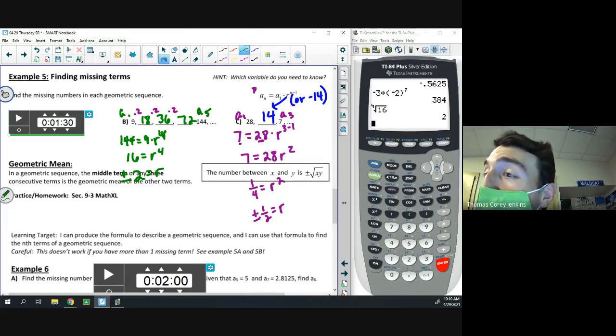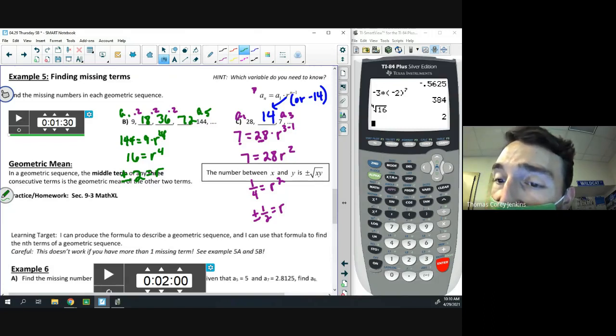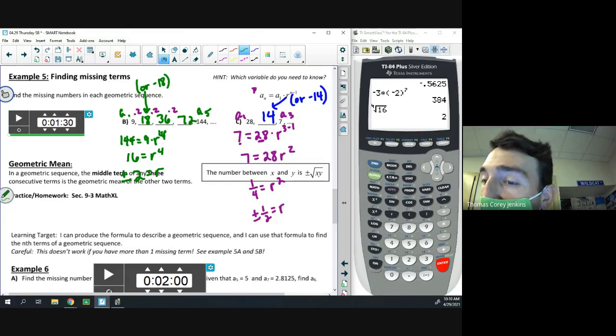Now, the only other way it could go is if it were -2, that could possibly be -18. 36 would have to be positive either way, and that could be -72. Because that pattern works too. All right.